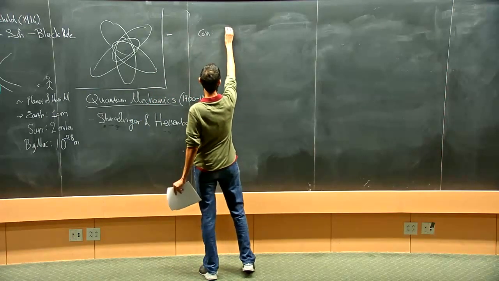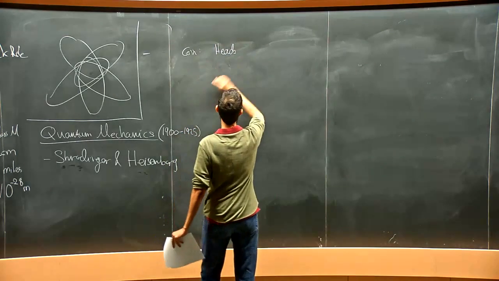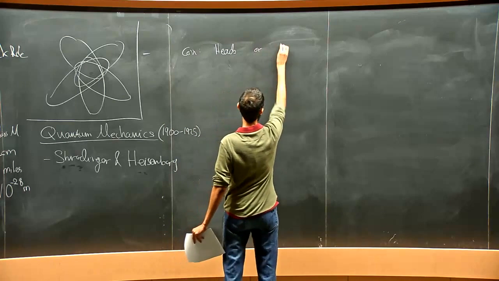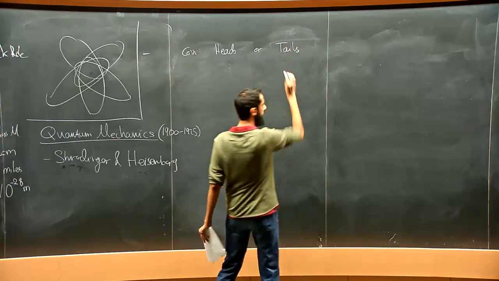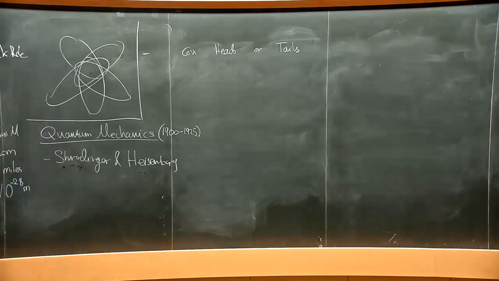Inside that box, the coin could be either heads or tails. Nothing crazy about that.